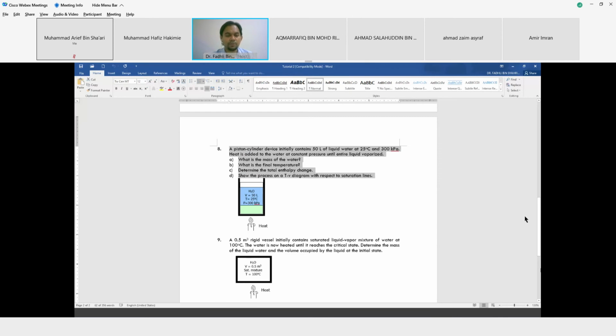From there, we have to determine the mass of the water, the final temperature, and total enthalpy change. D, show the process on T-V diagram with respect to saturation line. So you can take picture. Kalau tak ada tutorial di depan, you can take a picture of this question, sebelum saya pergi ke whiteboard tadi untuk tunjukkan kaedah menjawab.